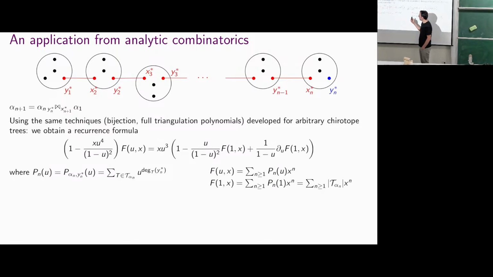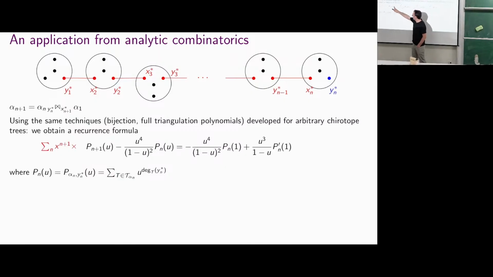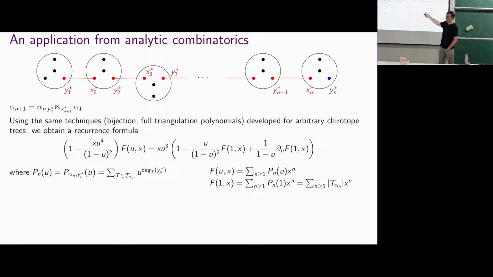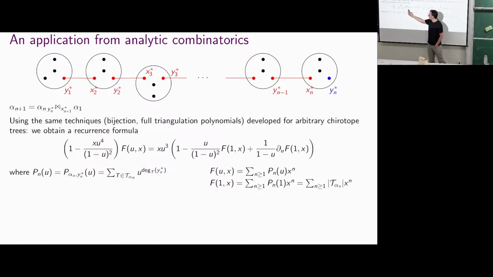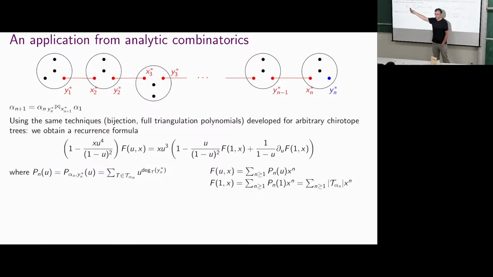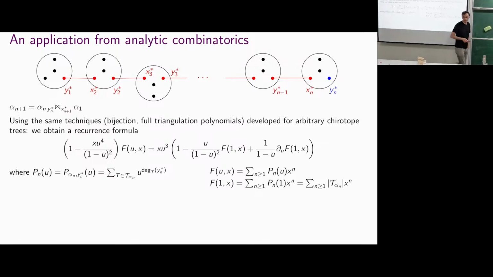And that turns each of your P_n into a function, f of u, x, which is this. x is not counting much, it's just related to this n. And so what was previously this and that is now gathered into a single term with some rational function in front.